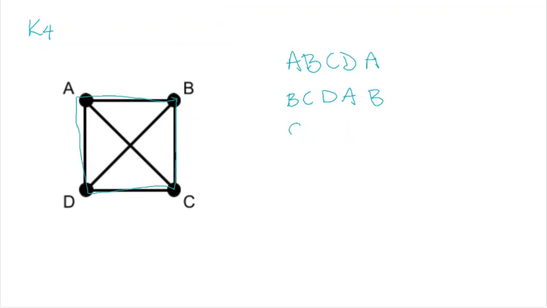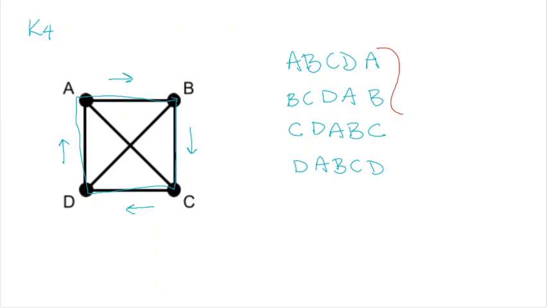What if I started at vertex C? C, D, A, B, C. Or what if I started at vertex D and went D, A, B, C, D? All 4 of these, I am going around the outside of this graph in a clockwise direction. So these are not distinct.